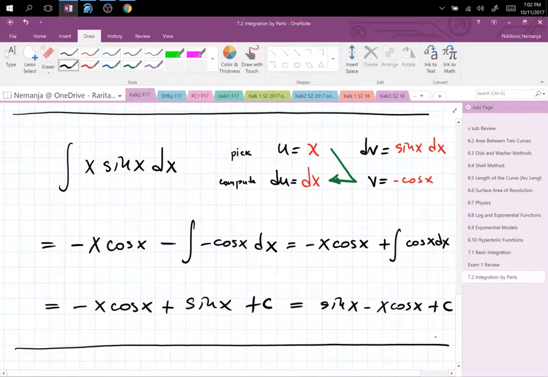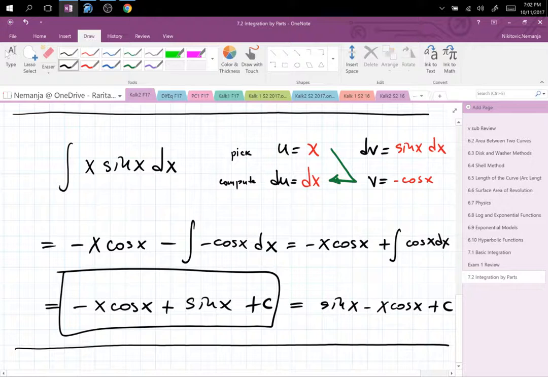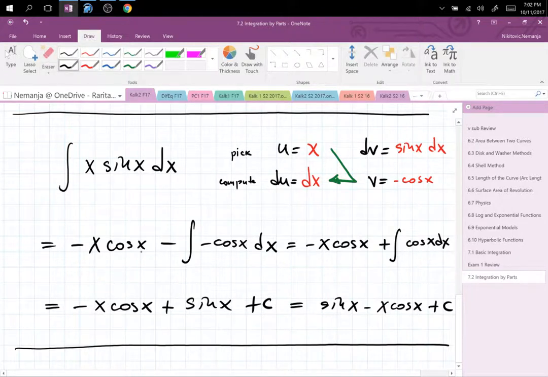So I'm going to challenge you now to integrate x times e to the x. Yeah, I switched these two to put the positive term first. You don't have to do it. You can box this one and it's perfectly fine. It's just my OCD kicking in.